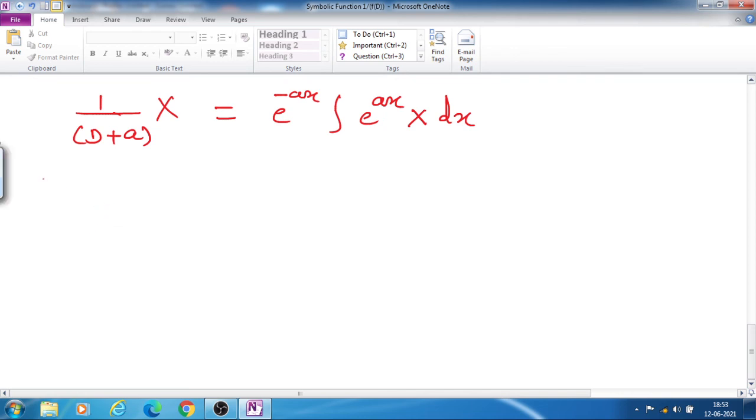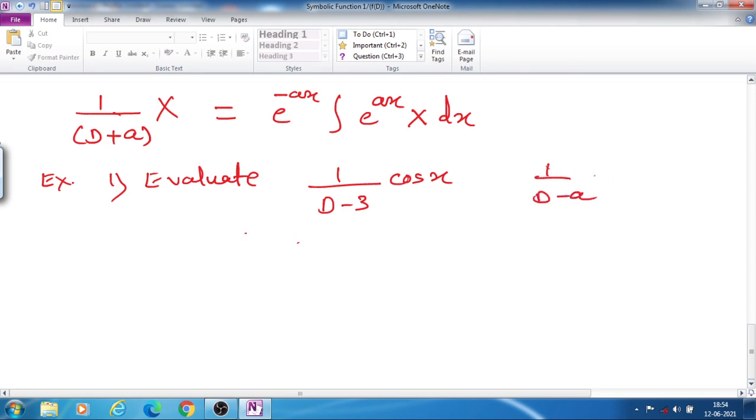Suppose we have to find 1 upon D minus 3 into cos x. If we have to find the value of this, then here a is equal to 3.